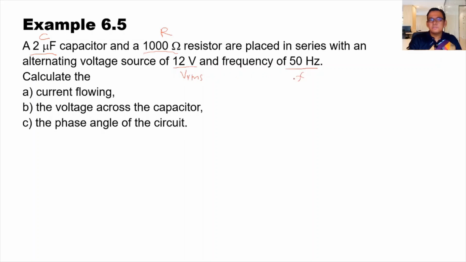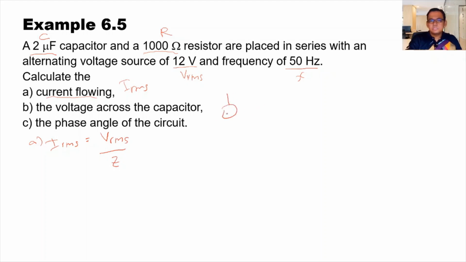This is frequency. So calculate the current flowing. So this is RMS current. We find RMS current using this equation. So that means we have to find impedance first.